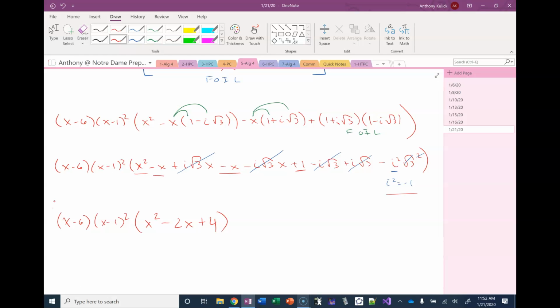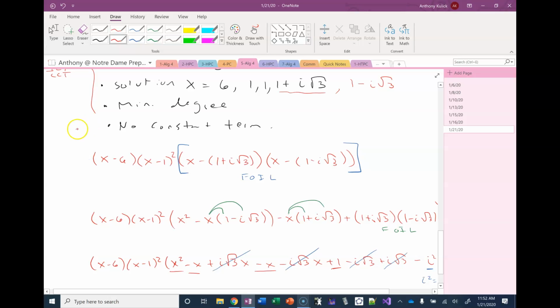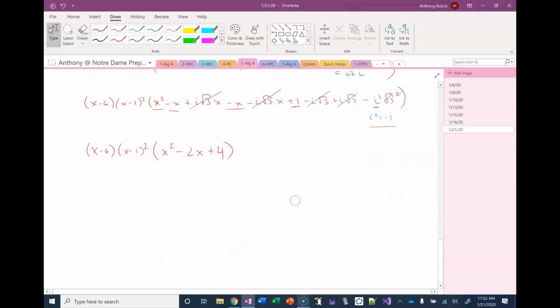Now we still have one piece of criterion left to worry about, right? We only covered the first 3 there and what we did. If we go back up, we still need to worry about no constant term. So right now, what is the constant term going to be when I multiply this thing out?